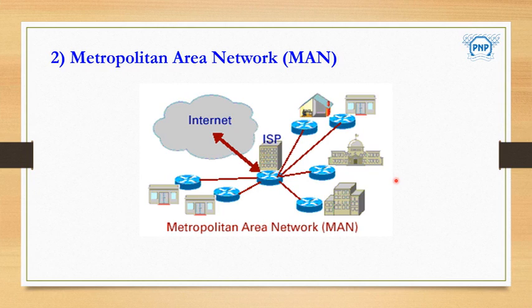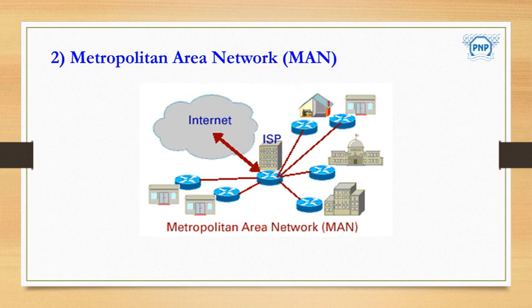Some offices are in cities, some are in towns. To connect them, they take one separate line from a local telephone company, which is used dedicatedly for sending their data only. This is what is called a metropolitan area network, in short MAN.